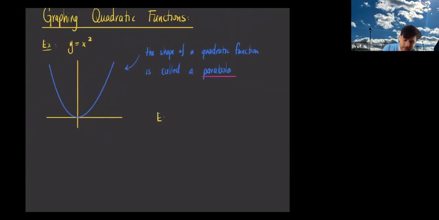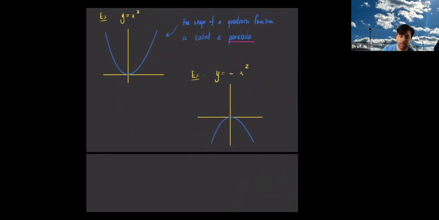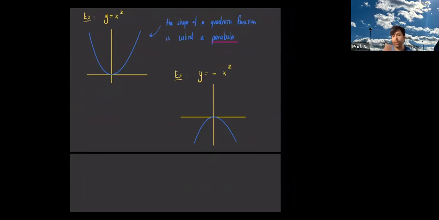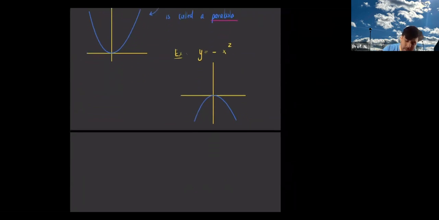So for example, if I do y equals negative x squared, then I'm going to have the same graph. It's just that it's going to be upside down, right? So one thing we're going to have to figure out is how do we determine whether it opens upward or opens downward?